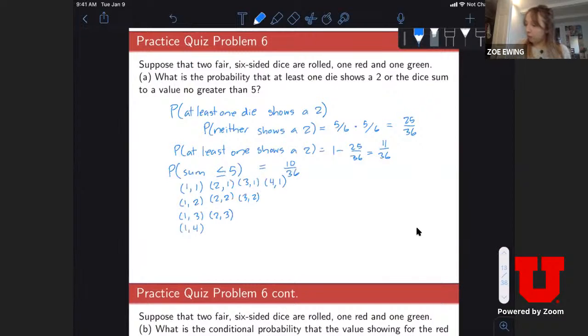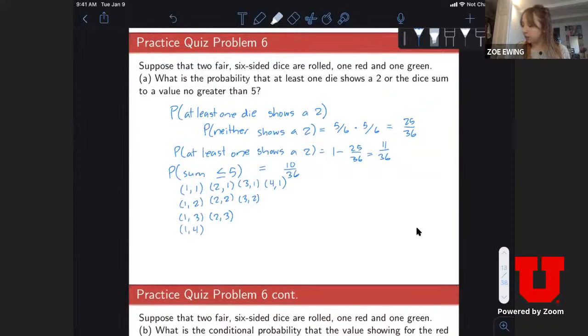Okay, now we need to figure out which of these satisfy both. So let's just go through this little sample and figure out which one of these shows a 2. So we'll highlight each of the ones that has a 2, and that gives us 5. So the probability of both is 5 over 36.